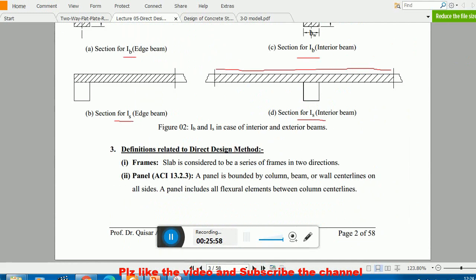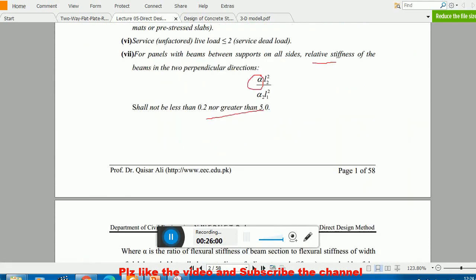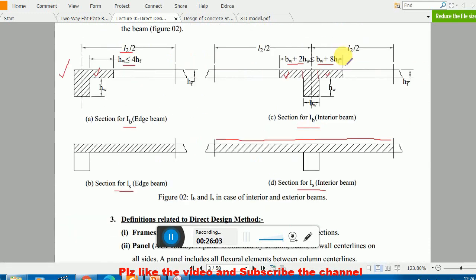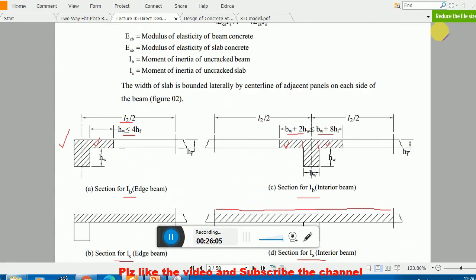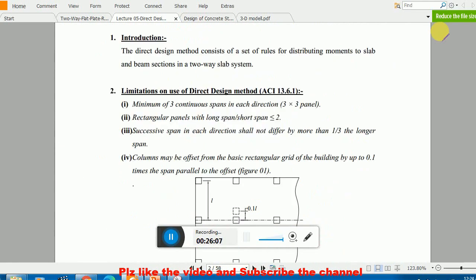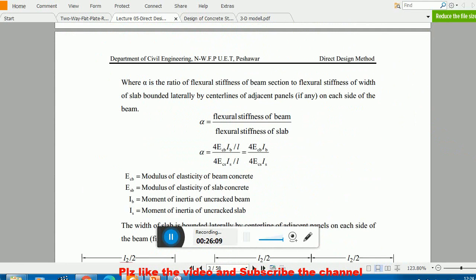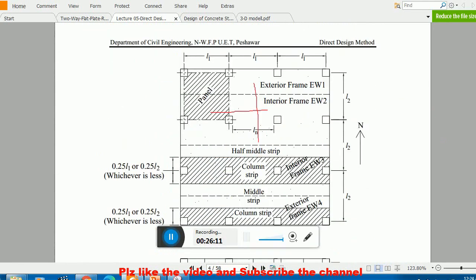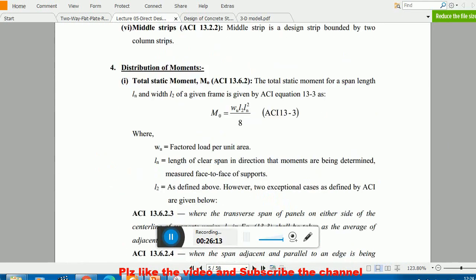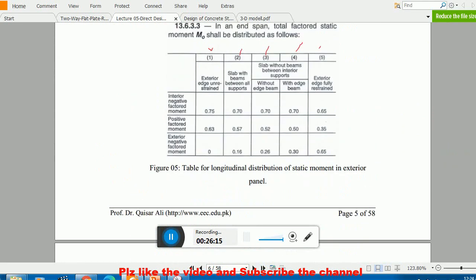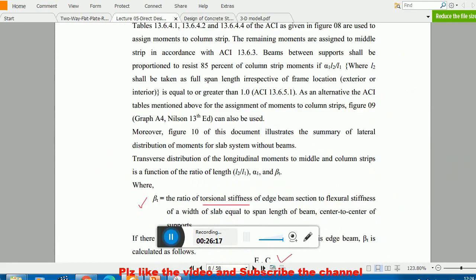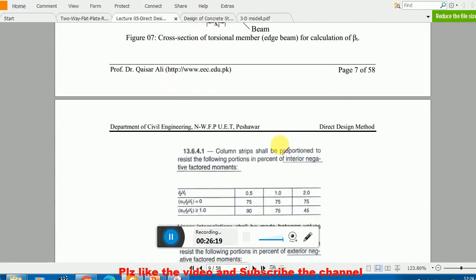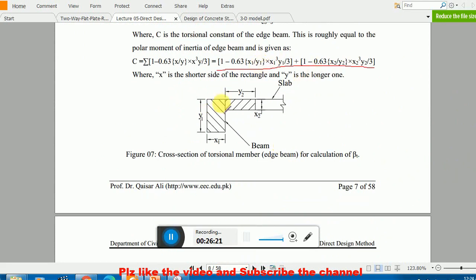Where is that formula? And there are some other factors, which I explained here, I think. Not here. Let me show you. This one, this formula. Now what is 1 minus 0.63 x1 over y1?